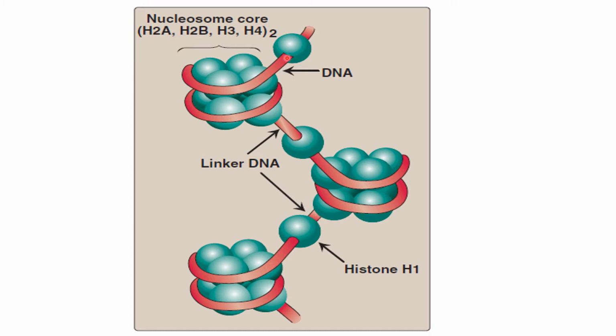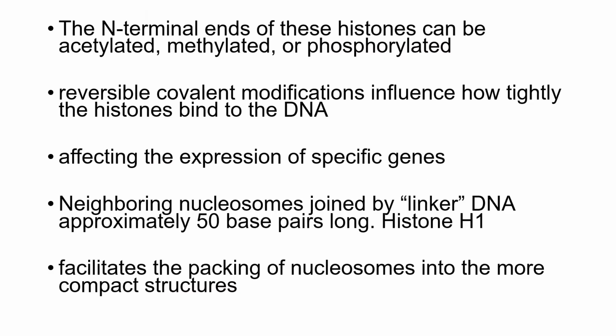These histones interact with the DNA through the positive charge present on the lysine or arginine basic amino acids and the negatively charged phosphate groups. These nucleosomes form the compaction of the very long molecule of DNA.